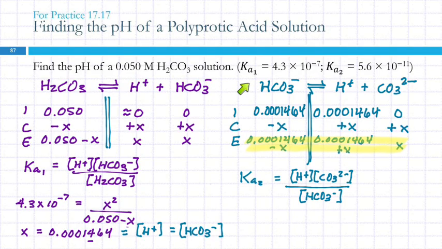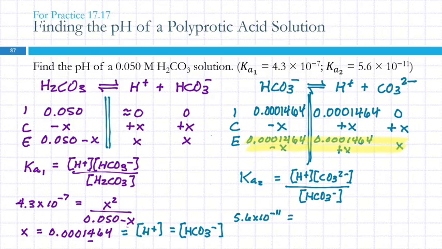So we write the equilibrium constant, it's the products over the reactants. And that's the second equilibrium constant. So then we can plug the values into that. Ka2 is 5.6 times 10 to the minus 11.